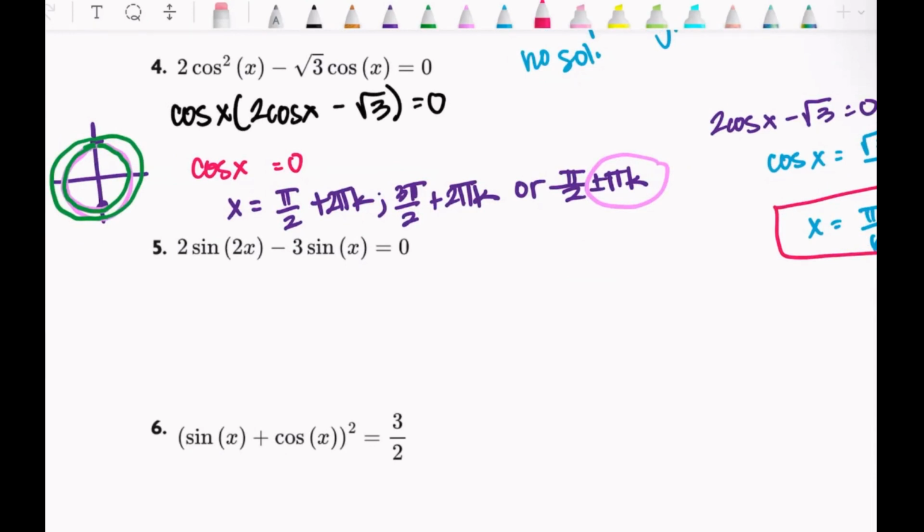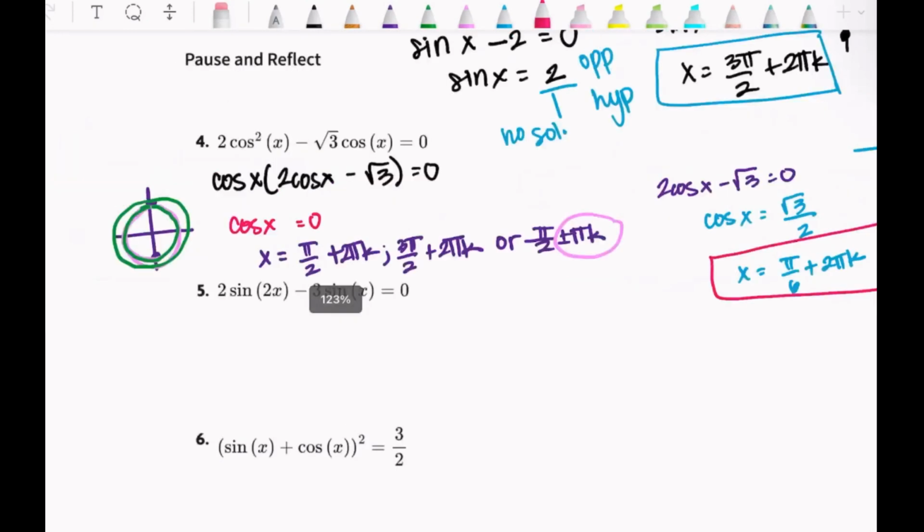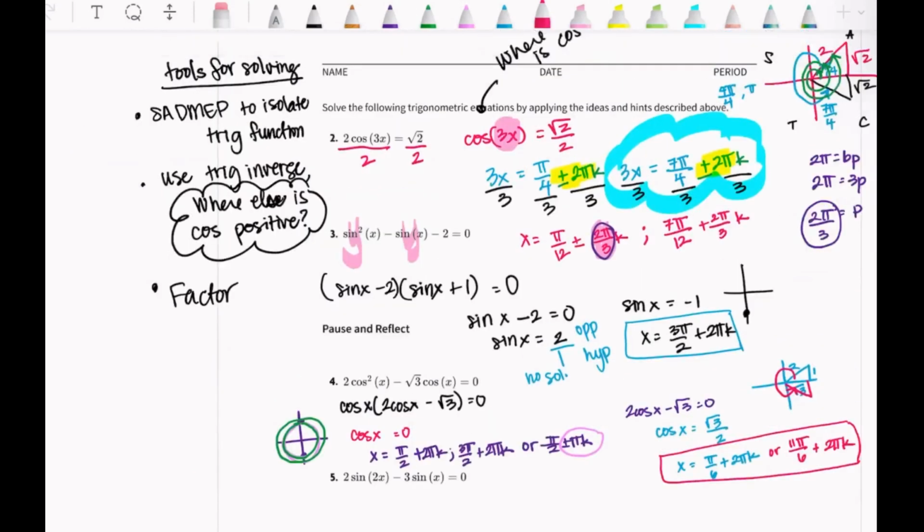Okay, so for this one, I'm going to try my different strategies. The problem with SADMEP on number 5 right now is that I have 2 signs, so I can't SADMEP there. And therefore I can't use trig inverse because it's not isolated yet. I can't factor it. Now some of you are like, but Ms. Johnson, I see 2 signs.